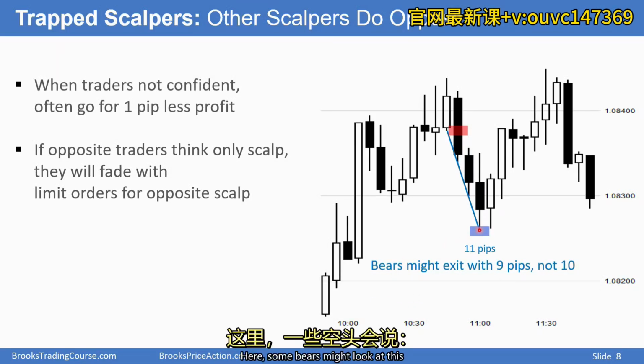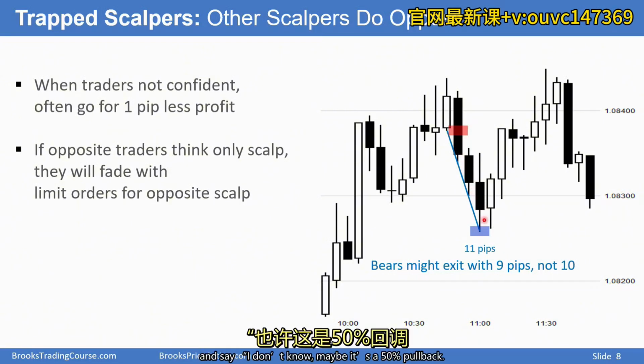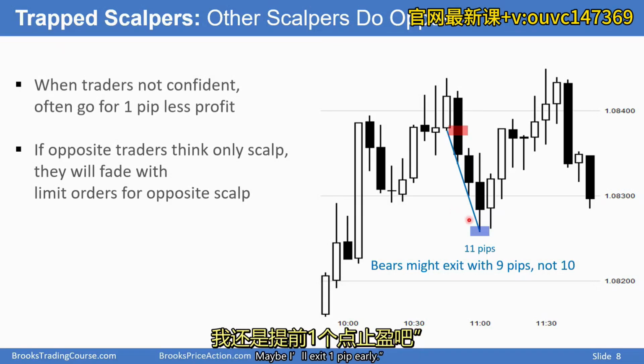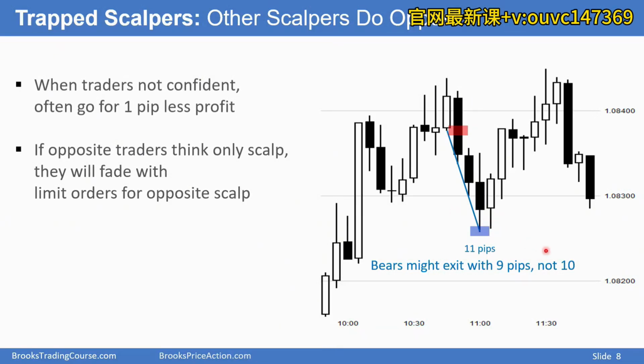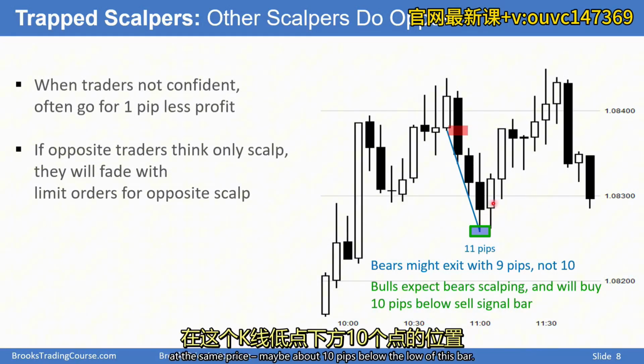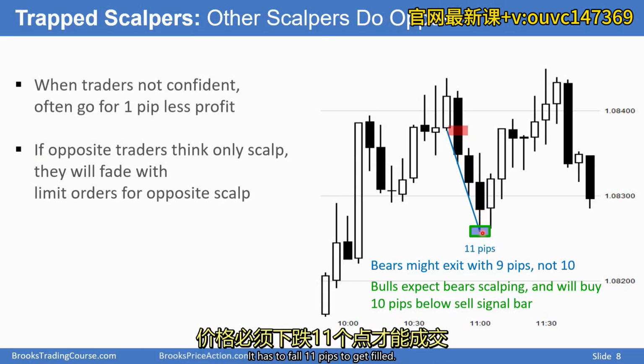Here, some bears might look at this and say, well, I don't know, maybe it's a 50% pullback, maybe we'll get a double bottom, maybe I was wrong trying to get 10 pips, maybe I'll exit 1 pip early. Bulls know that, and they'll also be buying at the same price, maybe about 10 pips below the low of this bar. Has to fall 11 pips to get filled.